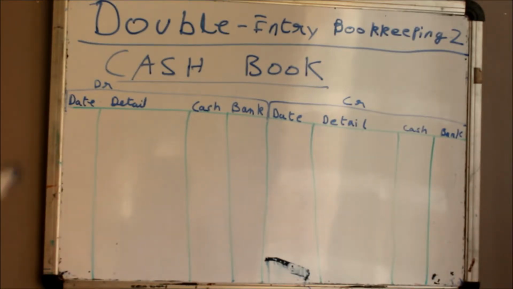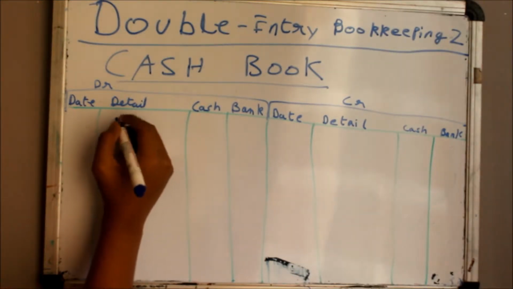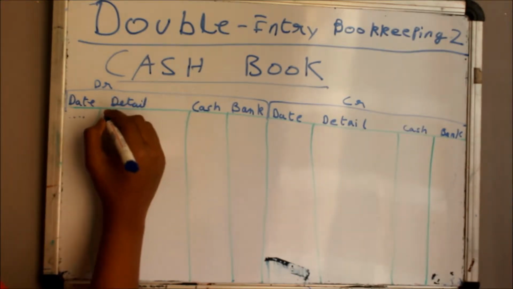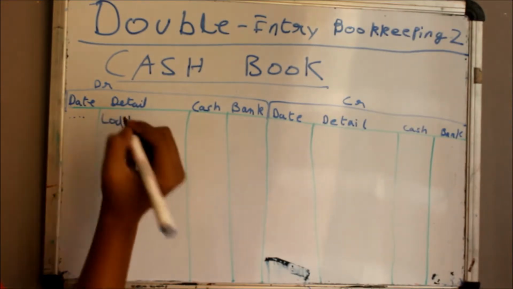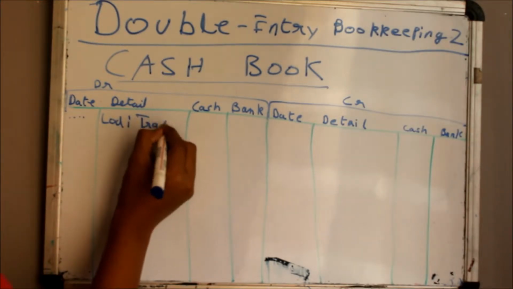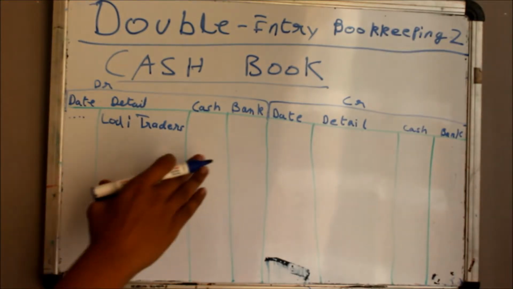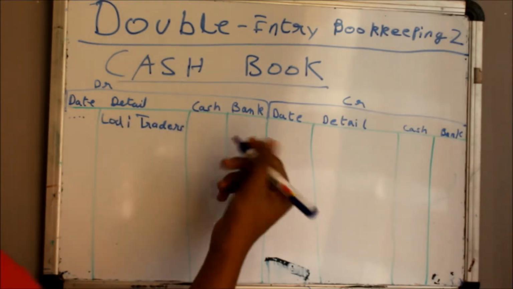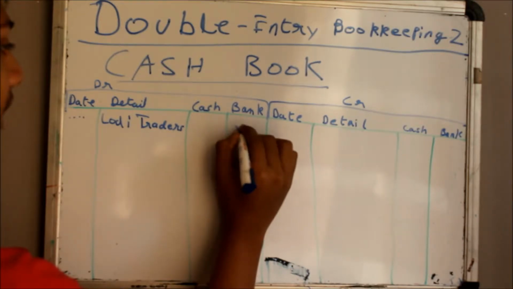An example of such is, let's see, a debtor has paid what he owes by bank, so we're going to write the date over here and the debtor's name, let's say Lodi Traders. For example, if they have paid by bank, which is a check or a credit transfer, it doesn't make a difference, we're going to write the amount in the bank column.